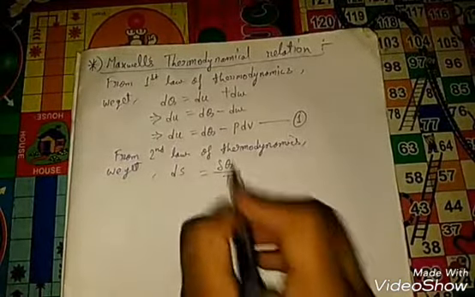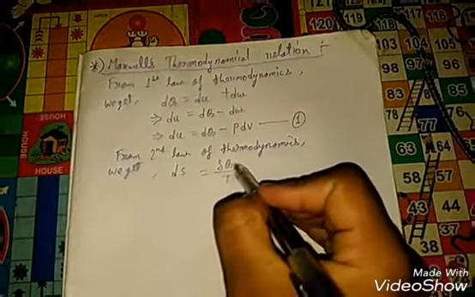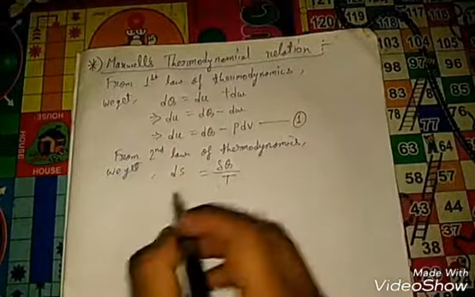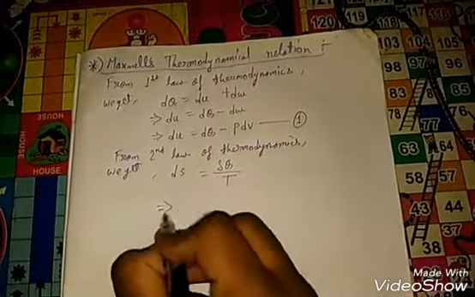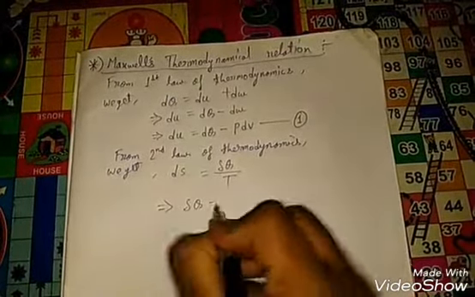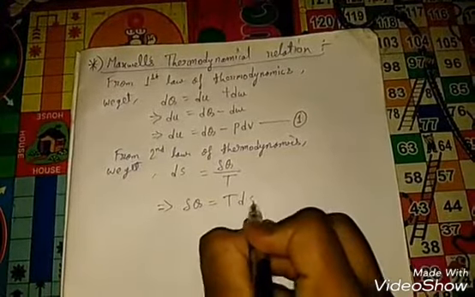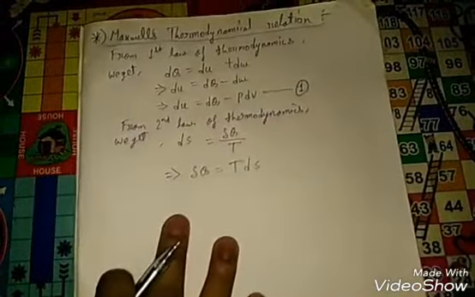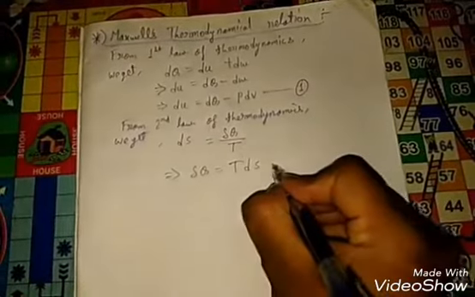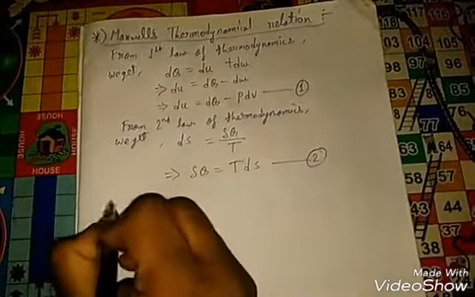Now here ds is equal to del q by t, where s is the entropy, q is the energy and t is the temperature. Now we can modify this and write del q is equal to t ds. Now let's call it equation 2.